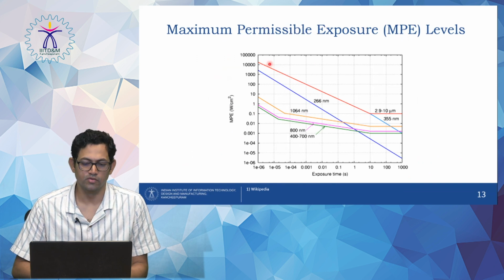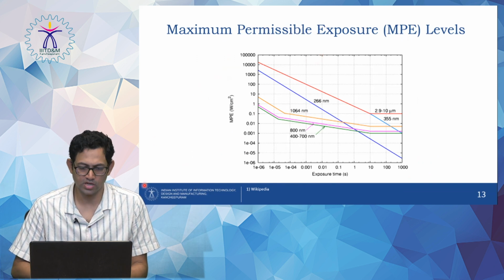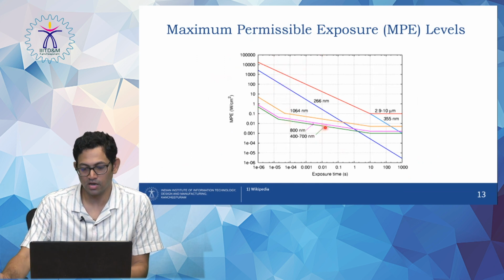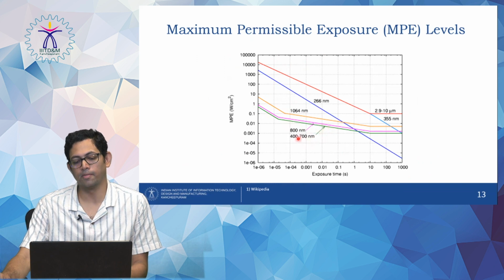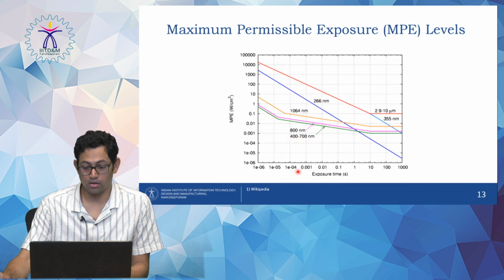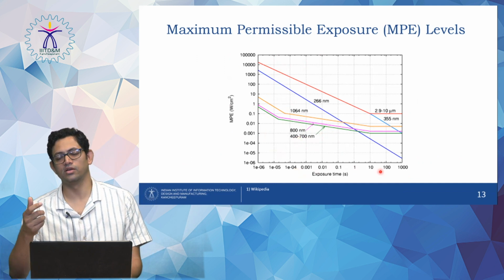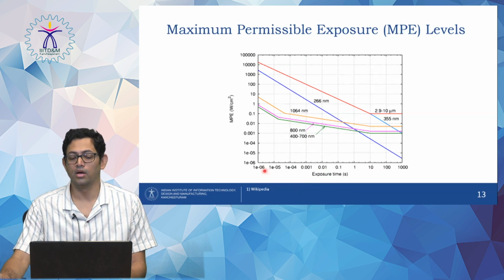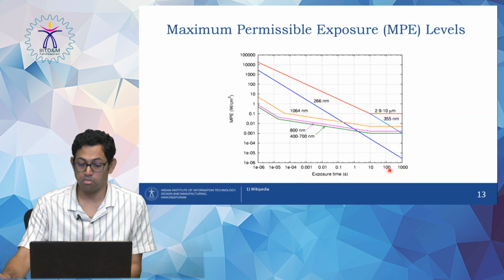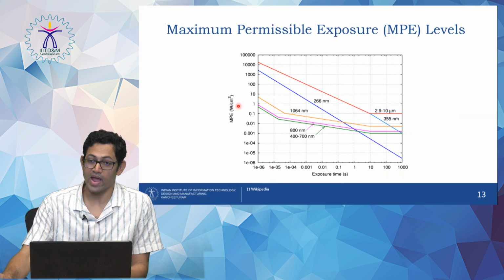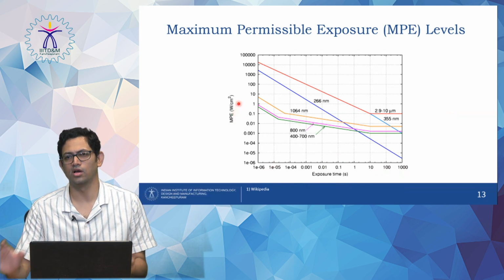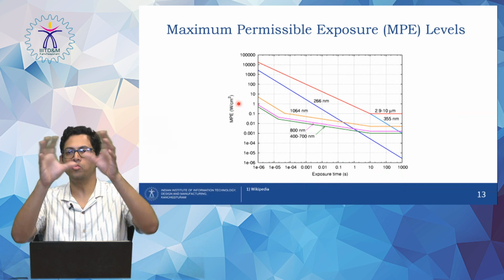And one more important point that especially comes with the laser is the maximum permissible exposure level, which is also known as MPE levels. So this graph talks about different wavelengths. First, the green curve talks about lasers operating in the visible spectrum, and on the x-axis is the exposure time, that is we can use either a pulse source or a continuous light source for a long period of time, and on the y-axis is the maximum permissible exposure, in units of watt per centimeter square, that is the light you are shining on how much surface, right.